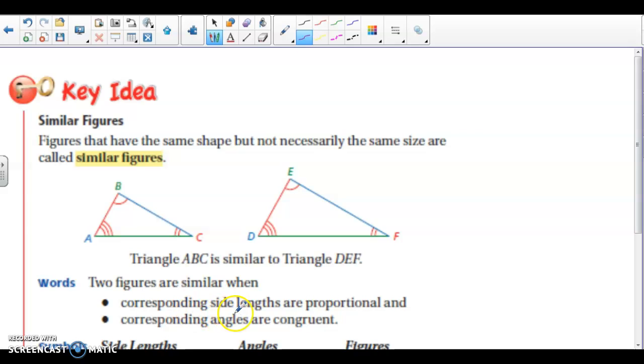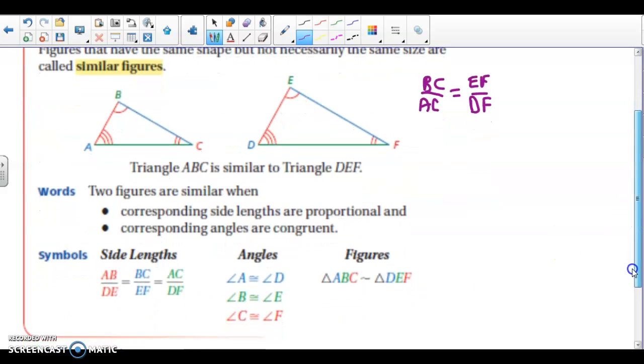So if I put BC over AC, the side length of BC over the side length of AC, it would be equal to the ratio of EF over DF. So the angles are congruent, but the side lengths are proportional.